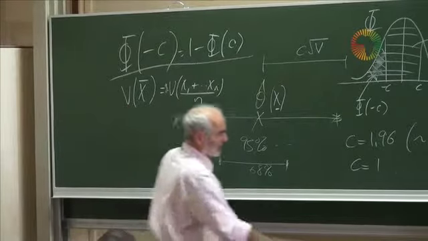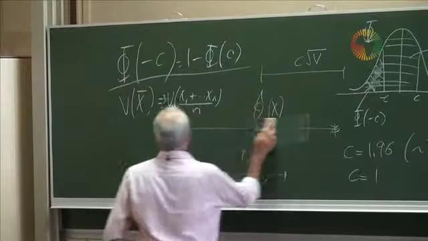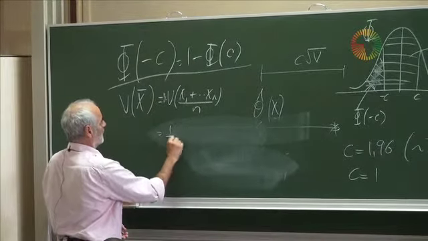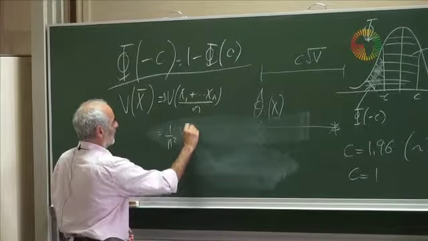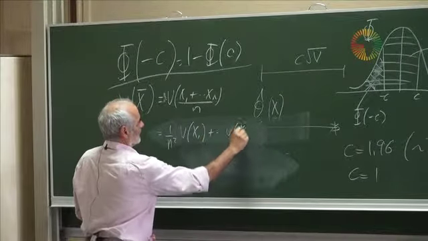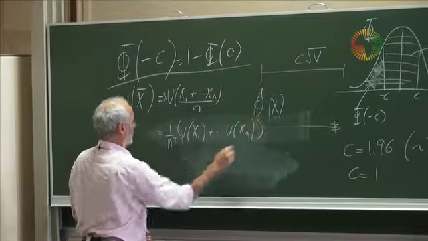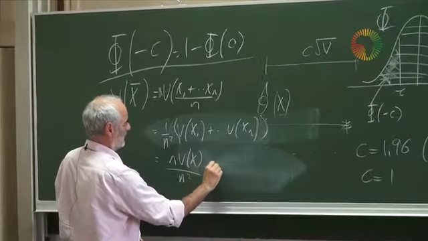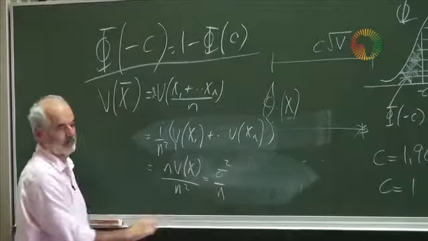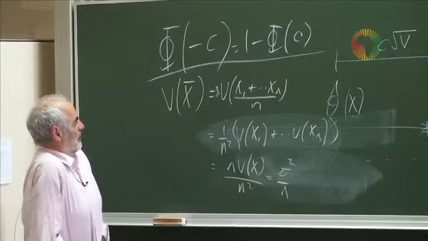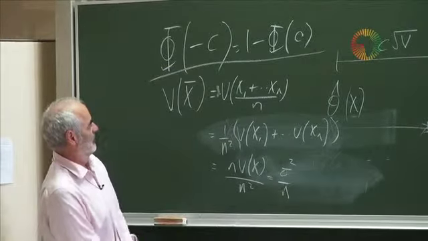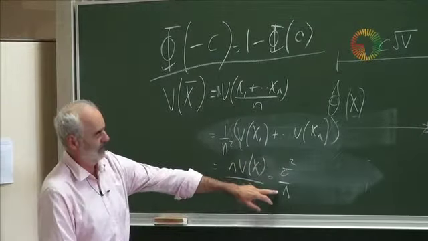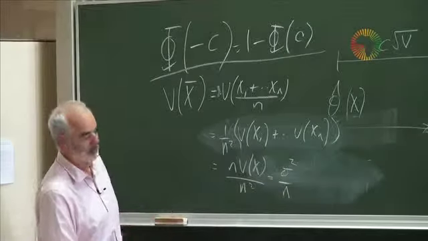The standard result: the variance of the sum over n is 1 over n squared times the variance of x1 plus ... plus the variance of xn, which is n times the variance of x over n squared, which is sigma squared over n. So that's the standard result, that the variance of a mean is the variance of each observation divided by n.